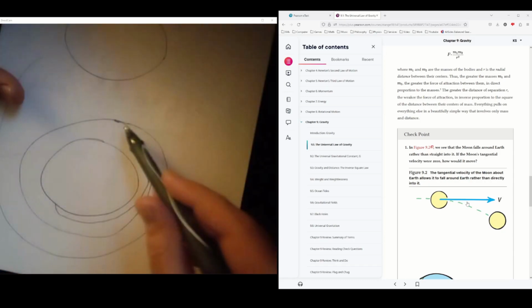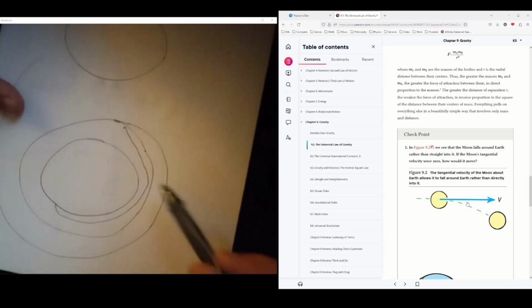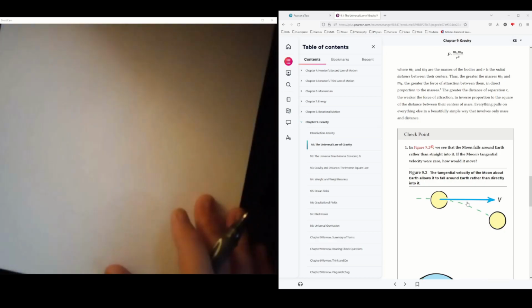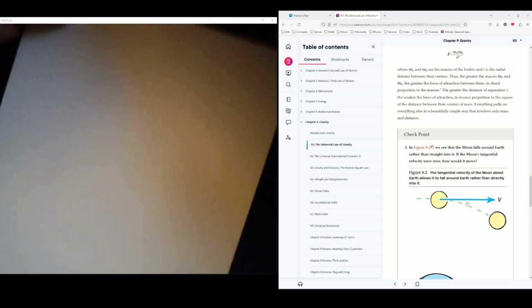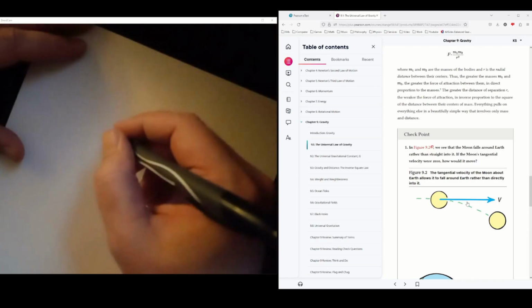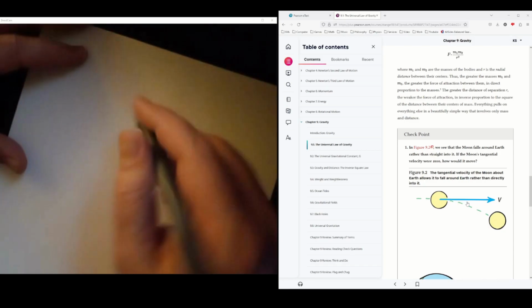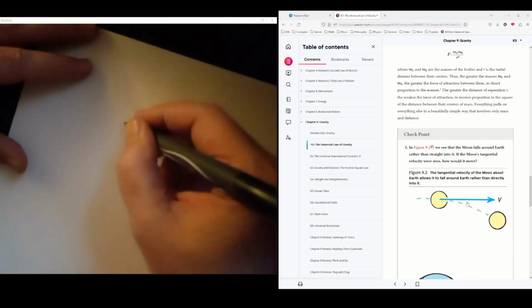So you have to have a very specific velocity so that as you're always falling to Earth, you're always moving to the right. And that may sound a little weird, but let me say this, and I think we've talked about this before with vectors, that acceleration is defined as a change in velocity.